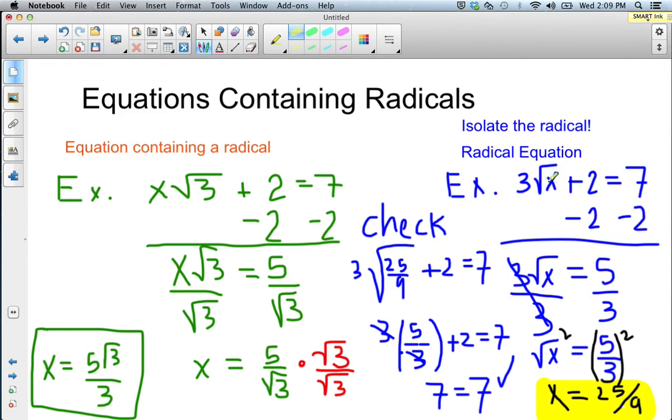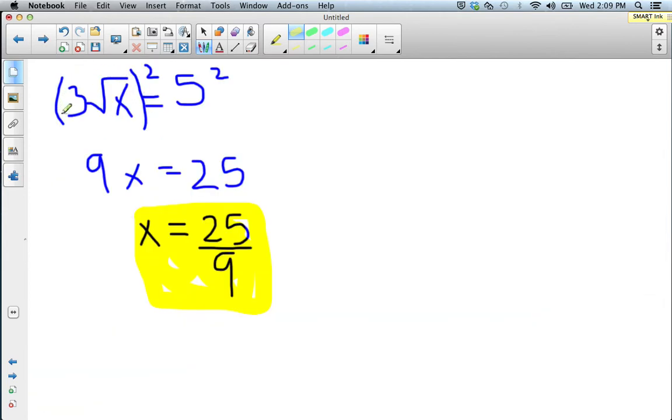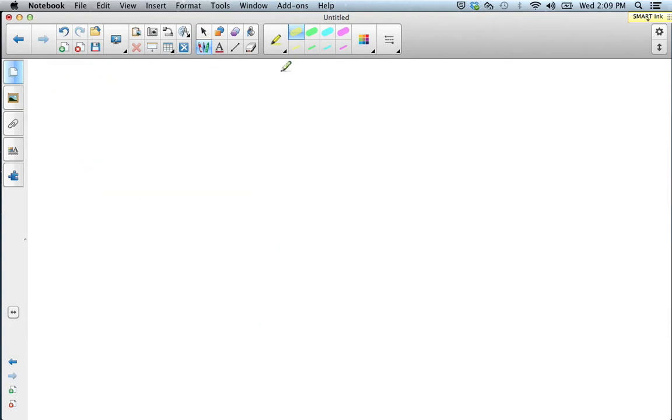So in this case, once I had the radical term isolated, I went ahead and divided by 3 to isolate the radical, squared both sides, got 25 over 9. In this case, once I isolated that term, I didn't divide by 3, I decided to square at this point, but I have to remember to square the 3 and square the square root. So we get this. So now let's look at some harder problems, because I know you guys know that it's going to get harder.